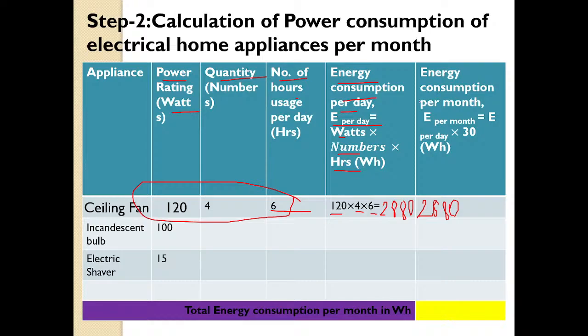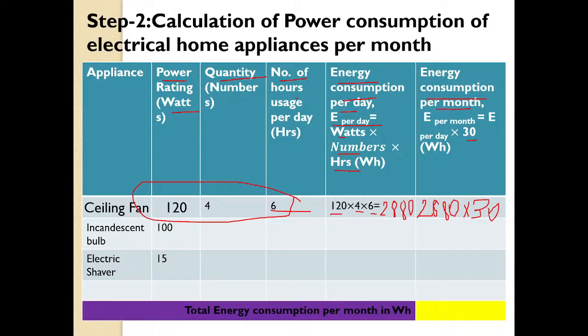Now for 1 month, energy consumption per month. Here I am considering 30 days per month. 2880 into 30, just multiply it. So you will get around 86,400.